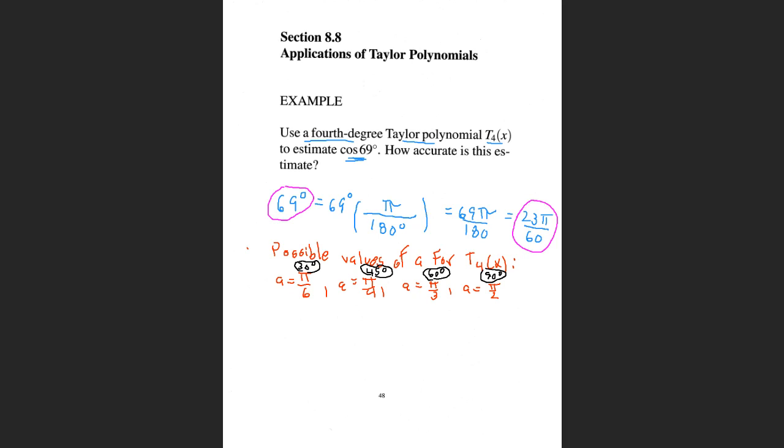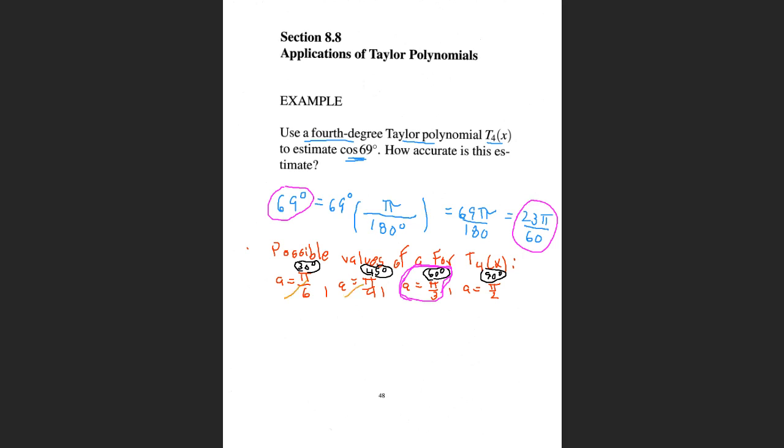Good, that's right, Nathaniel. That's right, Taj. 60 degrees is the one you want, because that is closest to 69 degrees. Even though you can use the others, you're not really going to use those.